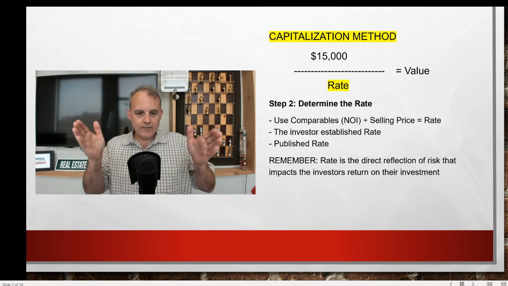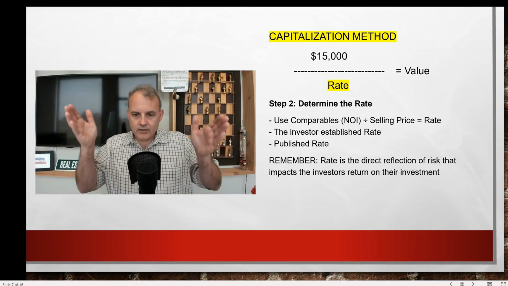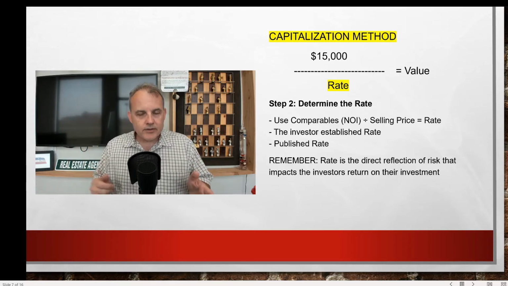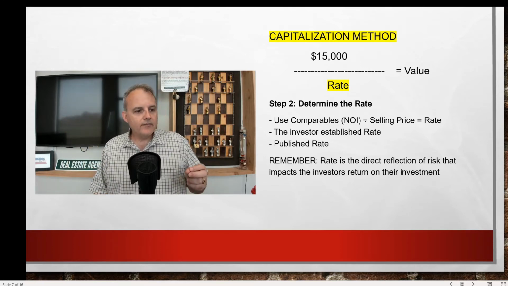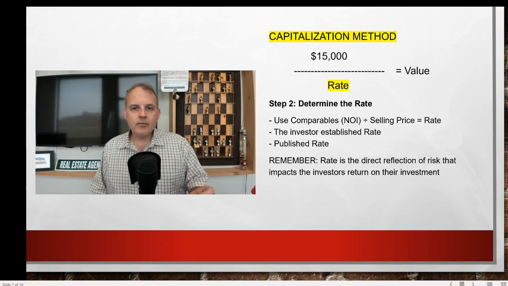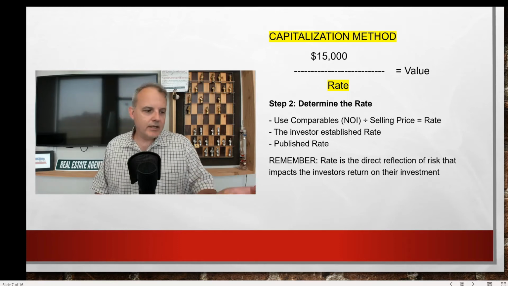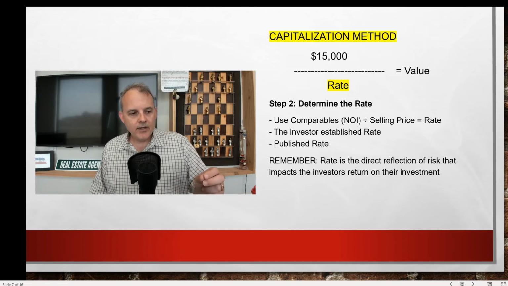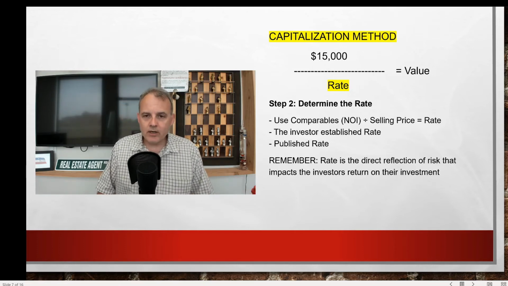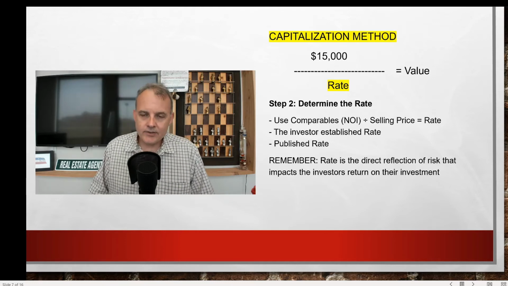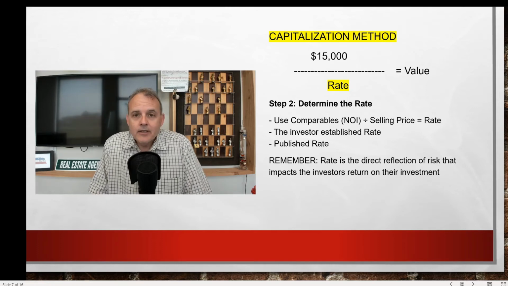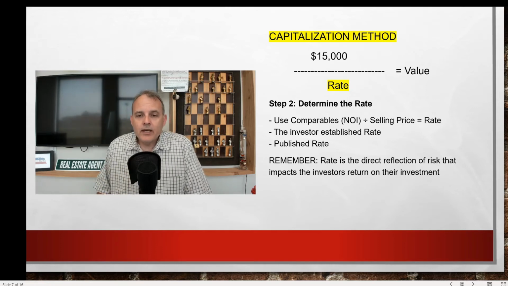So they'll have, let's say for Nebraska, the scale of the capitalization rates, and for this type of property that's going to have a liquor store, here is the average cap rate, or if it's a government lease, here is the average cap rate. And that way the appraiser can tap into that, or the investor can tap into that as well. So those are the three ways that you get the cap rate or the capitalization rate for the calculation.